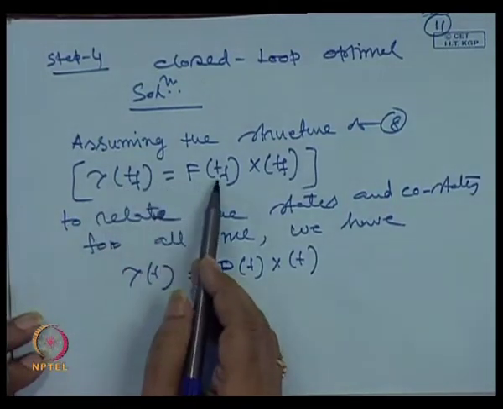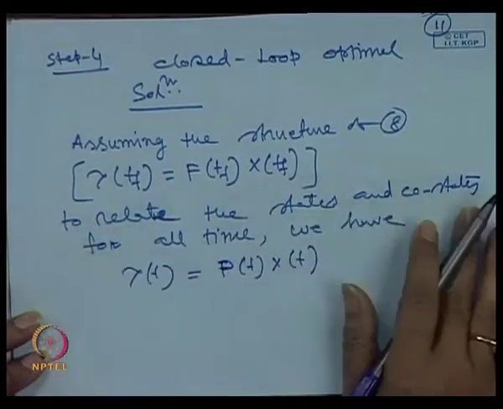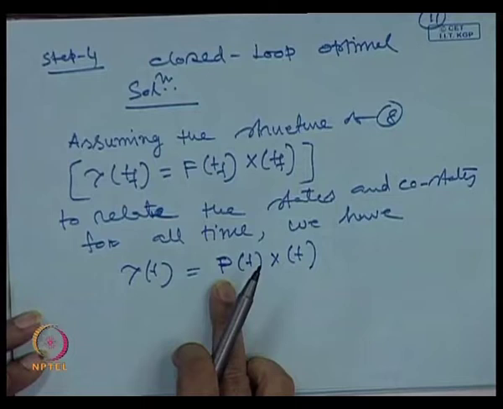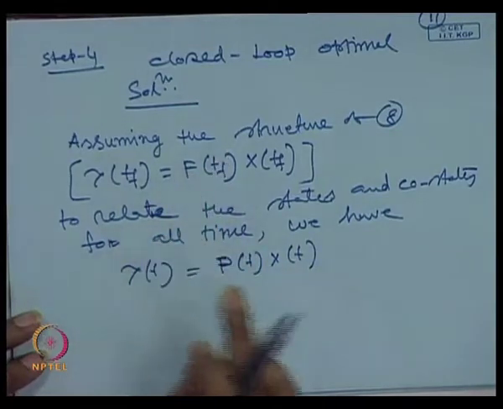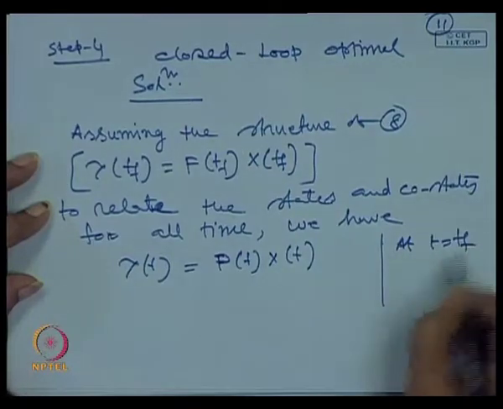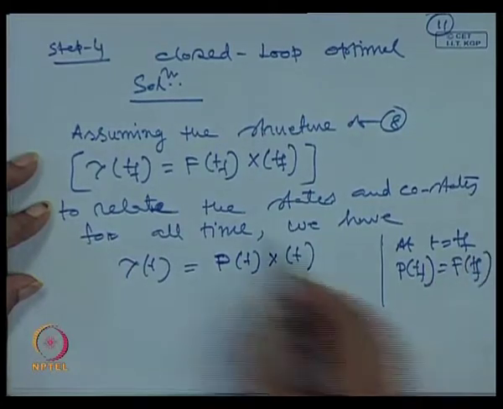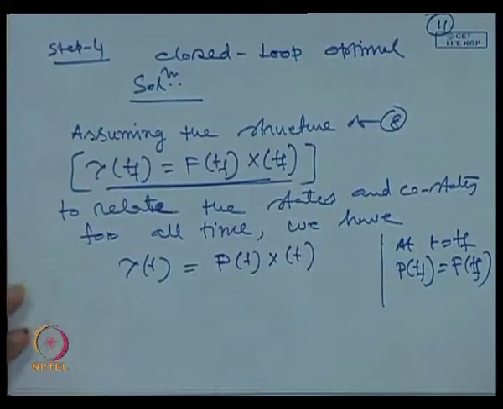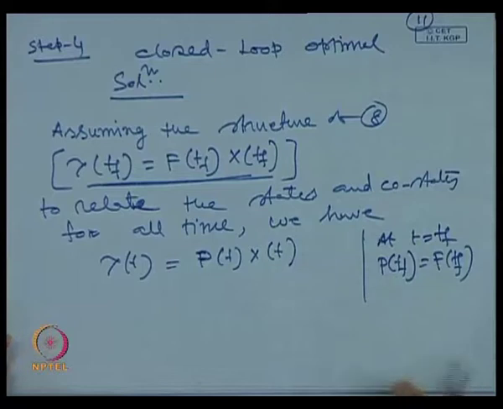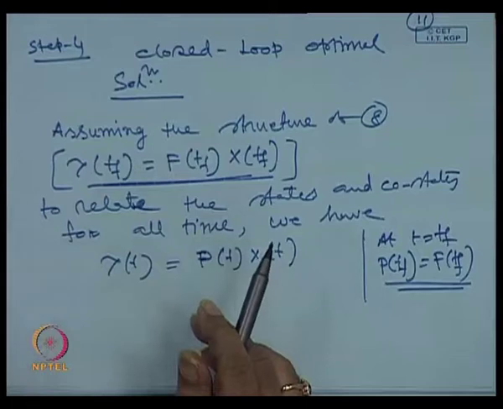At t equal to t_f it is F(t_f). So you are saying that for all time it is related with this one. Then at t equal to t_f, what should P(t_f) be? Same as F(t_f). We know this relationship, we got it from the boundary condition.